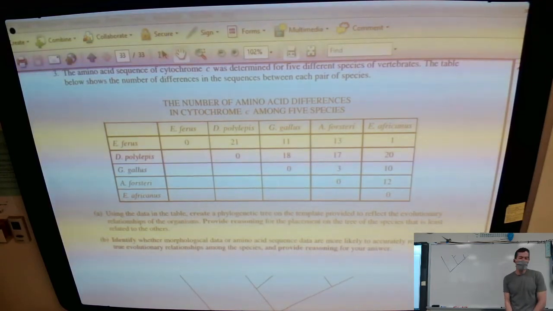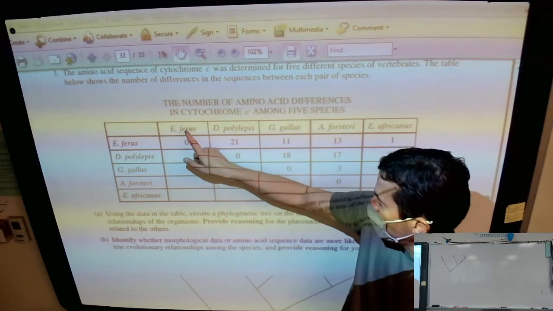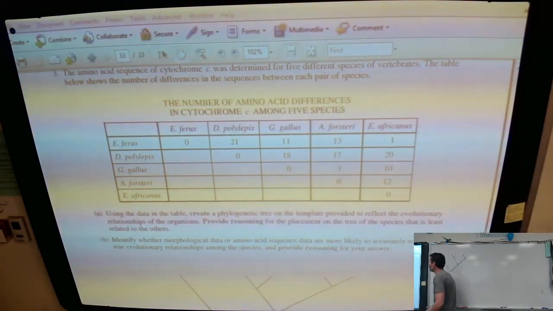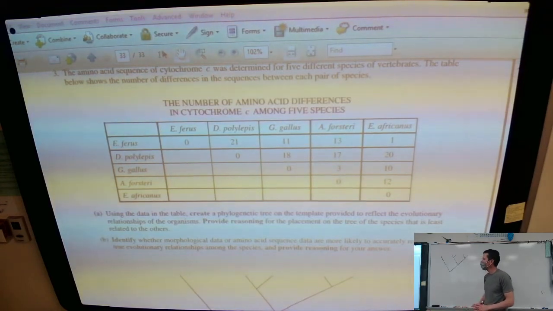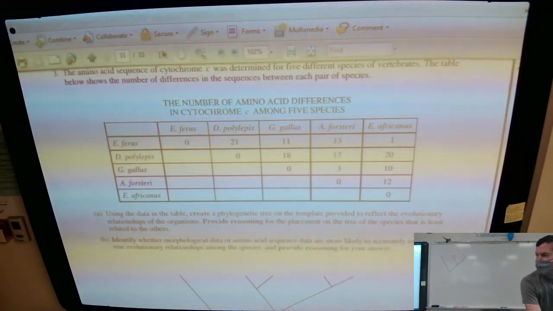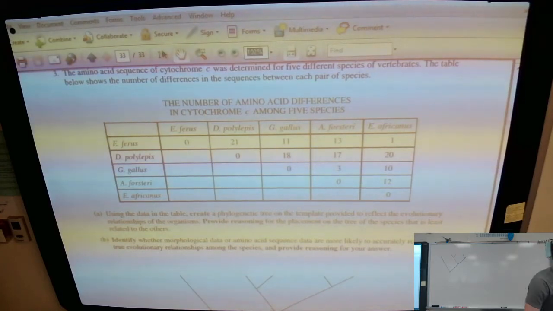If you're at home and it's hard to read the actual names, you can just call them the first one, the second one, the third one, the fourth one, and the fifth one. I might be able to zoom in just a hair more and still fit it on there.